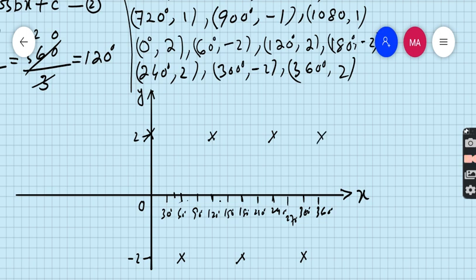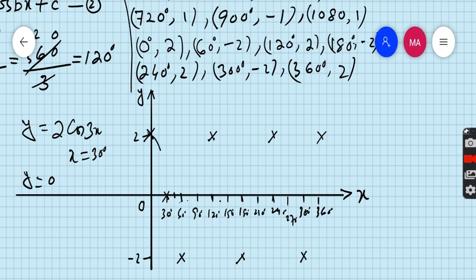It's a time to draw the graph. What is our function? y is equals to 2 cos 3x. So if I take x is equals to 30 degree, it gives y is equals to 0, because 30 into 3 is 90 and cos 90 is 0. So we need this point because crossing point is very important.